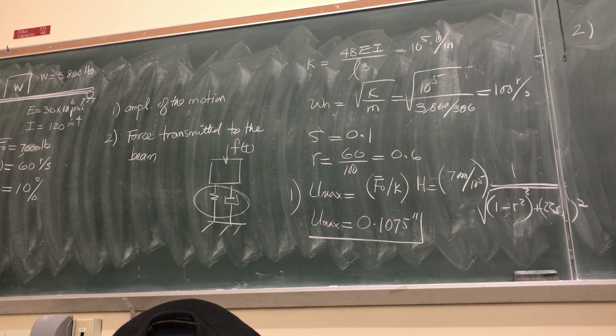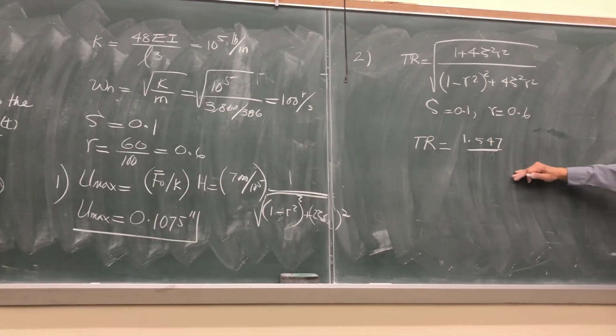Zeta is 0.1, r is 0.6, so the transmissibility ratio would be 1.547. So this is the ratio of the maximum force transmitted to the maximum input force.